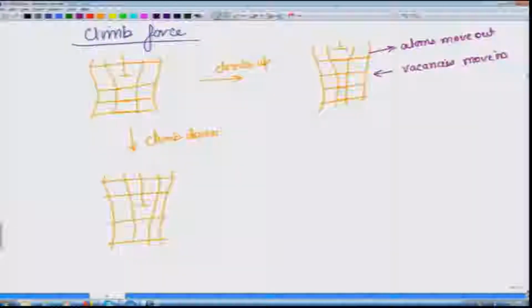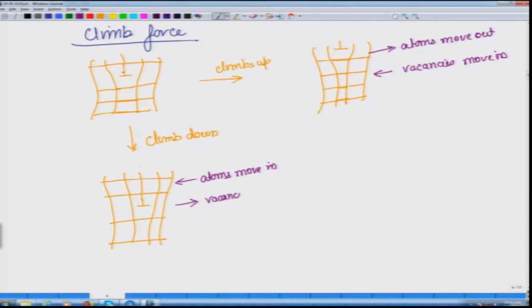In the other case, the extra atom layer was only up to this particular row, but now it has extended to an additional row. Therefore, atoms must move in. If atoms move in, it implies that vacancies move out.